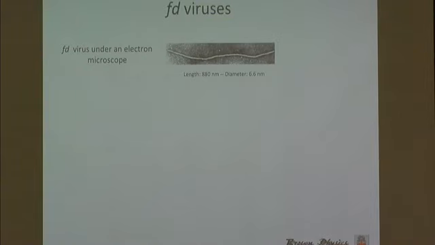Relatively narrow, so that puts it in this nice Onsager regime. These things are fairly rigid. It depends on the particular mutation you're looking at, but the persistence length can be anywhere from 3 times the length of the molecule to, let's say, 10 times.